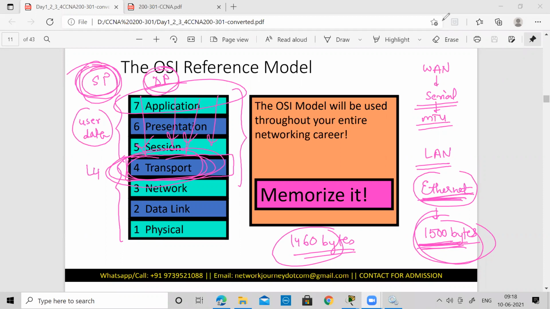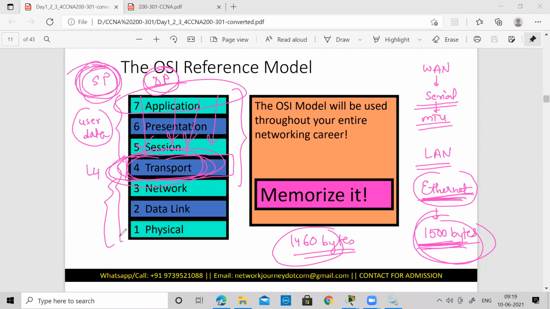As I said, we are going to dissect the transport layer in detail, though in our CCNA curriculum, the 200-301 certification, not much emphasis is given to the transport layer. They have given more emphasis to the last 3 layers, because this is where networking starts.